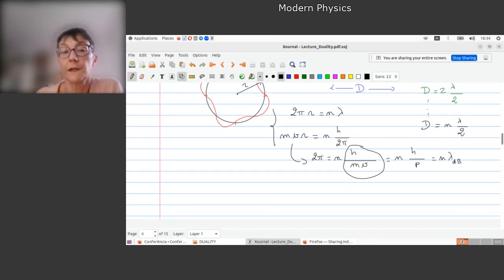And this is exactly, oops, something missing here, those 2 pi r, obviously. So this is the quantization of the angular momentum of Bohr, and this is de Broglie. And so you see that it is really, really coherent, okay?